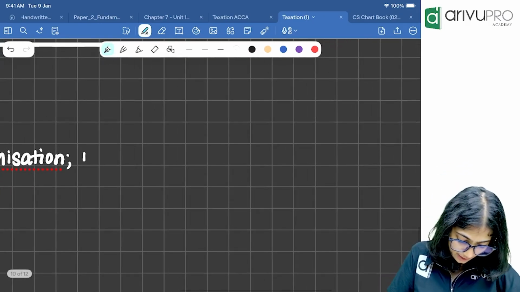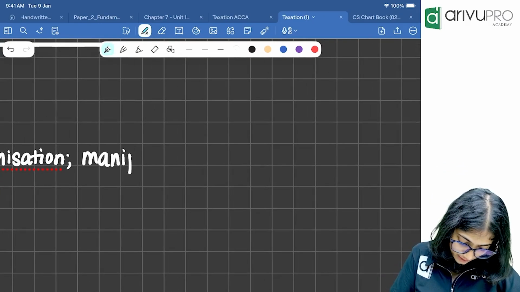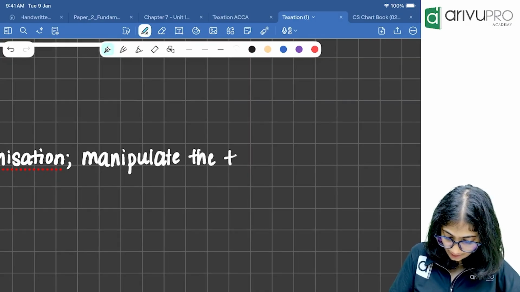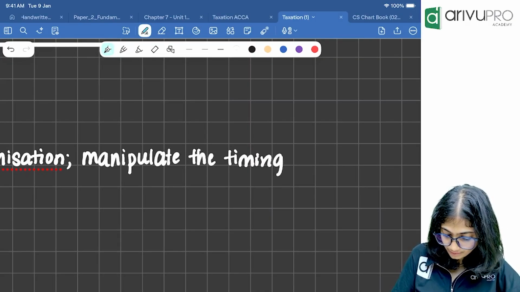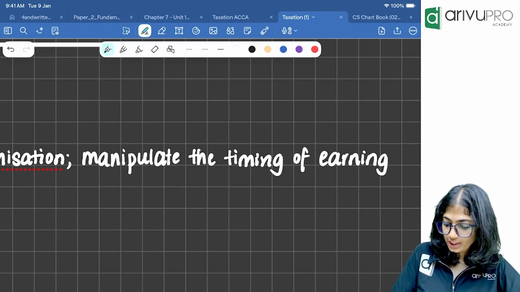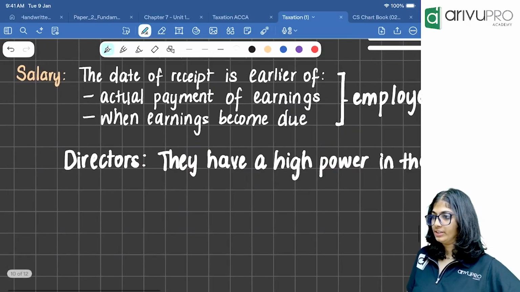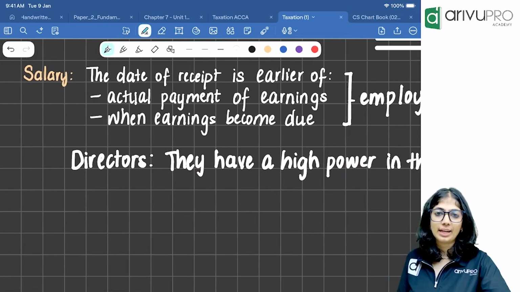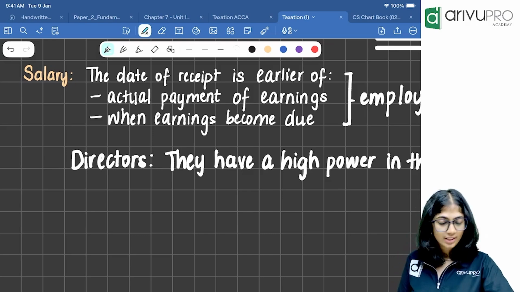You can manipulate the timing of earnings. Because you're a director, you have a high positional power in the organization to manipulate the timing of your own earnings.